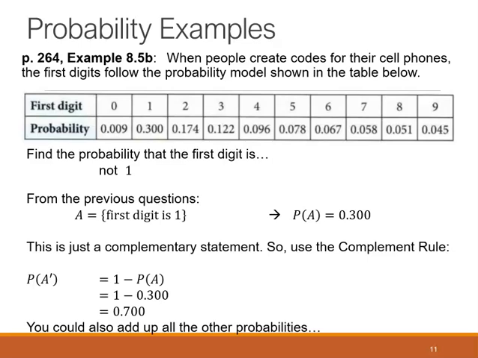Alternatively, still correct, you could just add up all those probabilities: probability of 0 plus probability of 2 plus probability of 3, and so on, all the way to probability of 9. Still correct. A little bit more time consuming, a little bit more tedious, but not wrong to do it that way. Absolutely will work. So far, so good.